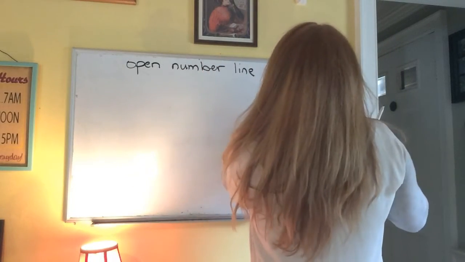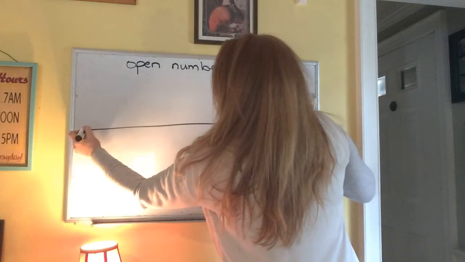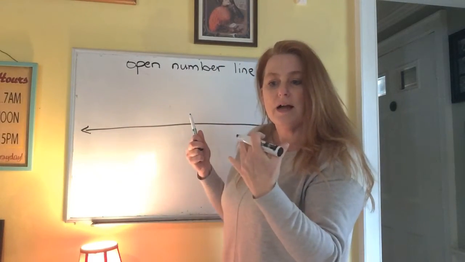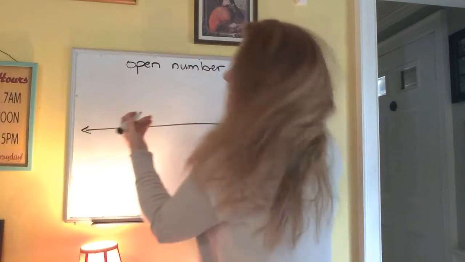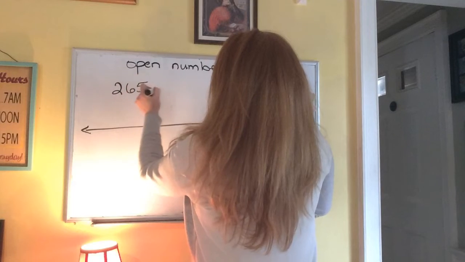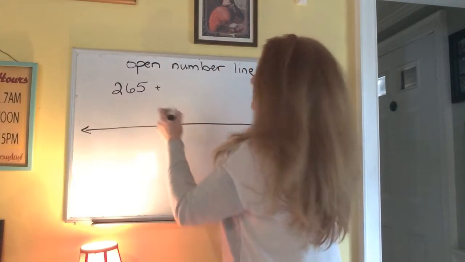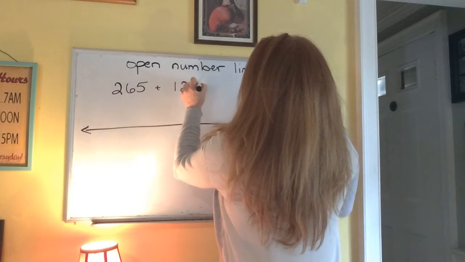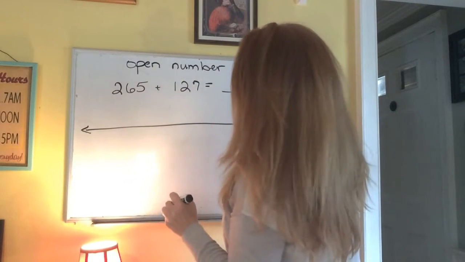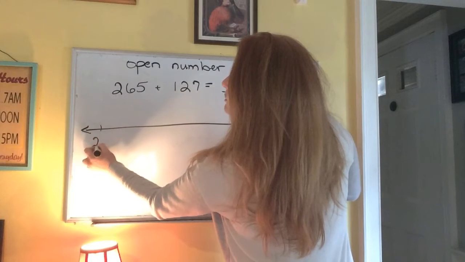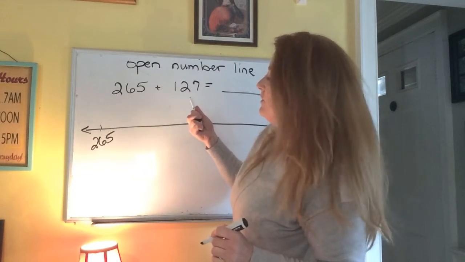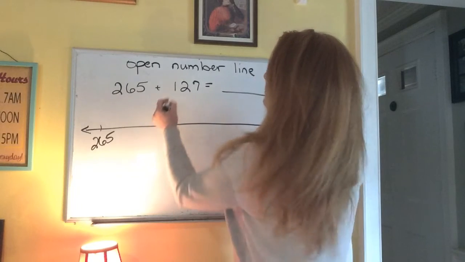So now we are going to have to break our numbers down into ones and tens and hundreds. So let's try 265 plus 127. Okay? So I'll start with my 265, and then I gotta break down that 127. It's gonna make it easier on me.